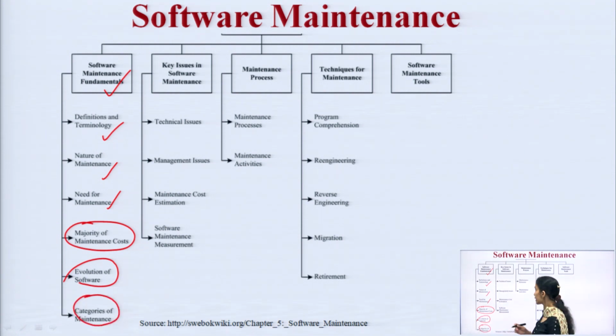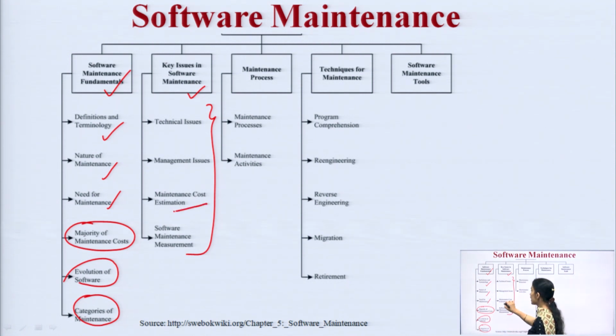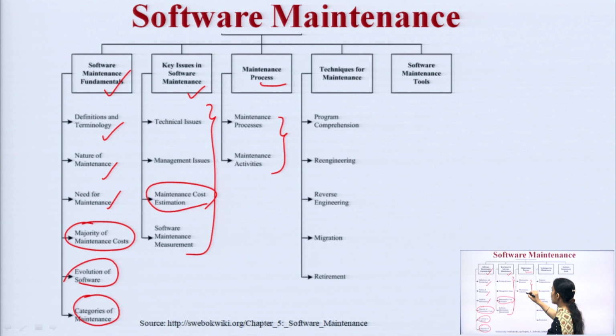After discussing the category of maintenance, the key issues that software maintenance is facing will be discussed, and the different technical and management issues will be discussed. Then after discussing those issues, we will be estimating the maintenance cost and measuring the different metrics for software maintenance. Then what is the maintenance process will be discussed in this lecture, and what are the different maintenance activities.